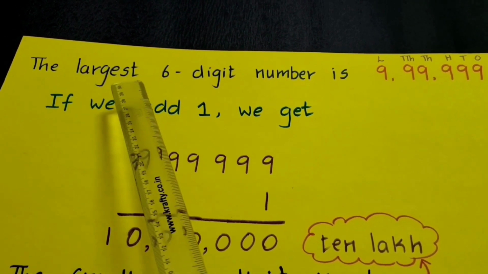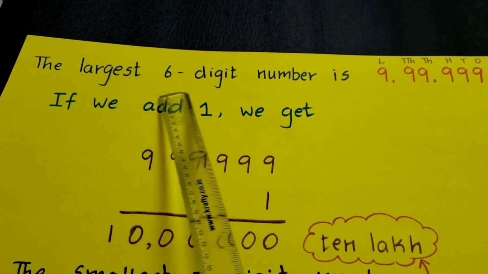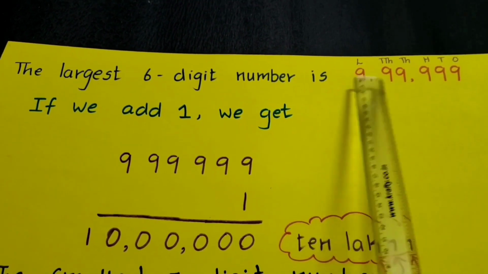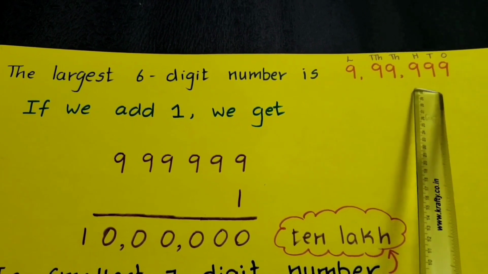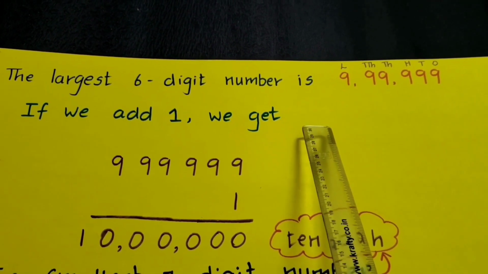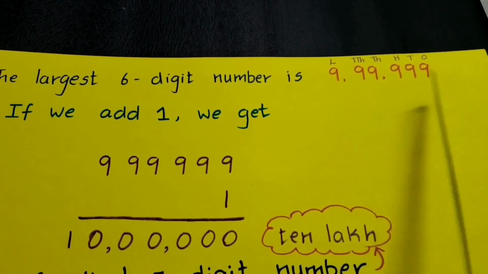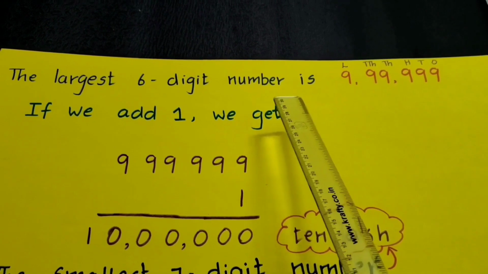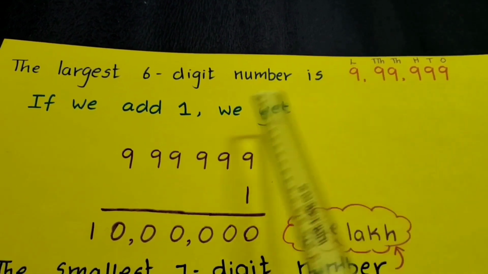In the previous grade, we have learned place value up to 6 digits, and we all know that the largest 6 digit number is 9,99,999. In grade 5, we are going to learn place value up to 8 digits. We shall extend this concept beyond 6 digits. What happens if we add 1 to this number?